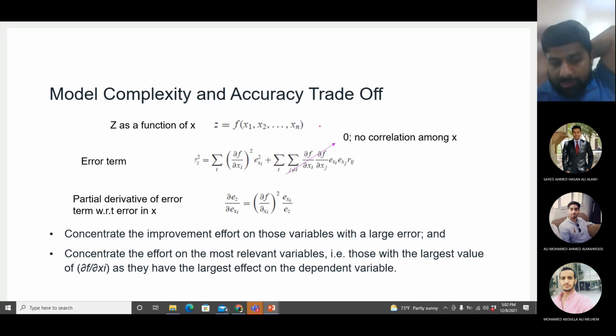So in the end the error can be calculated as this equation: partial differentiation with each x multiplied by the measurement error of that x. For example, let's say x1 is income, so ex1 will be the measurement error in income, the error in measuring the income. Let's say x2 is speed, then ex2 will be the error in measuring the speed.